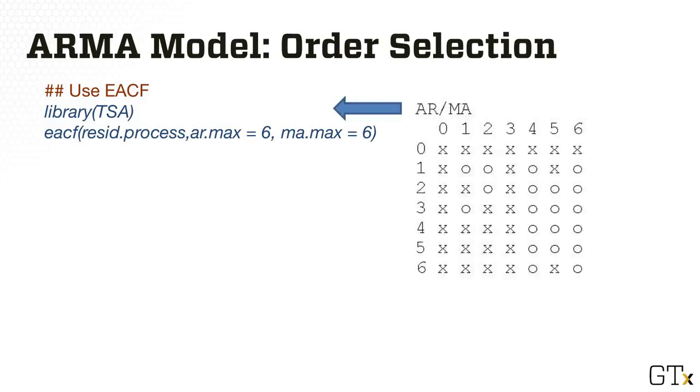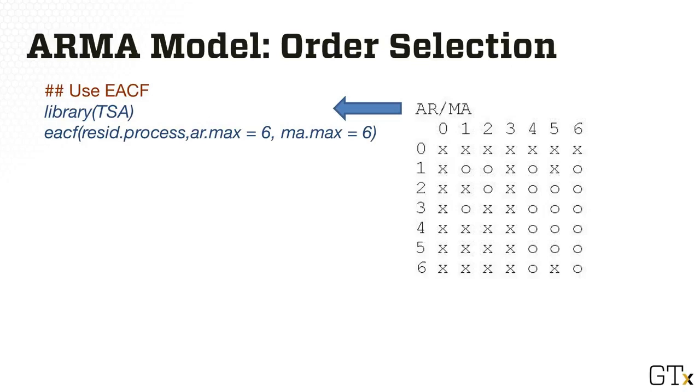The EACF for the residual process is here. The EACF is provided for up to 6 lags for both AR and MA components, as specified in the implementation of eacf. The EACF does not provide a clear-cut order selection.